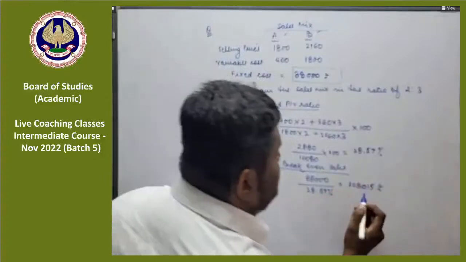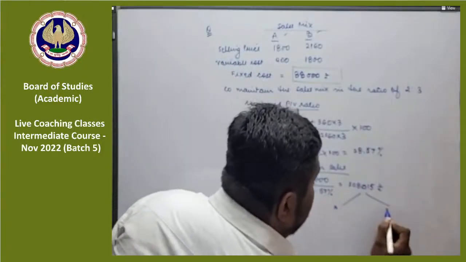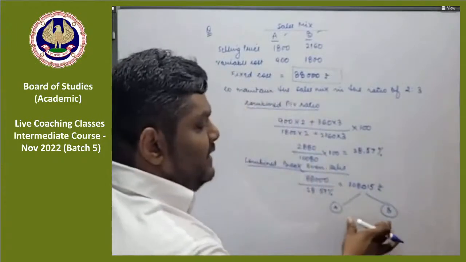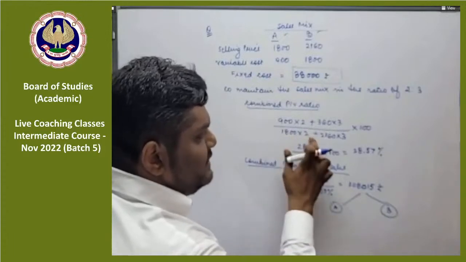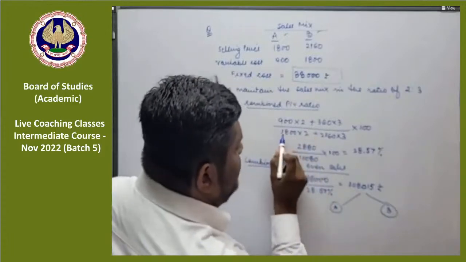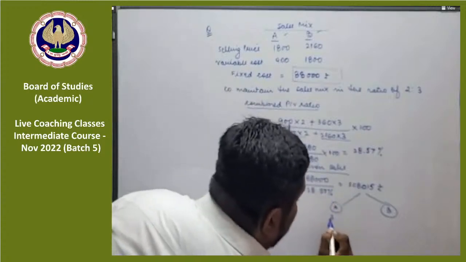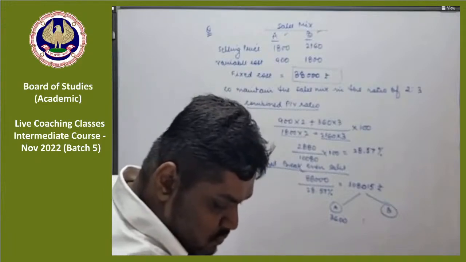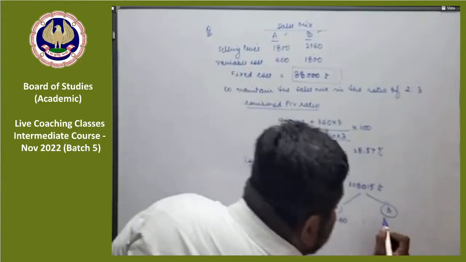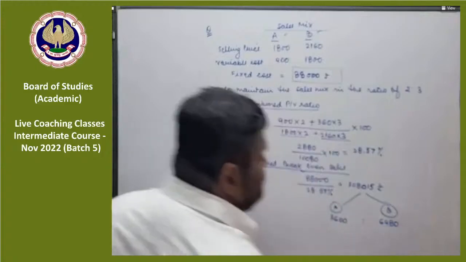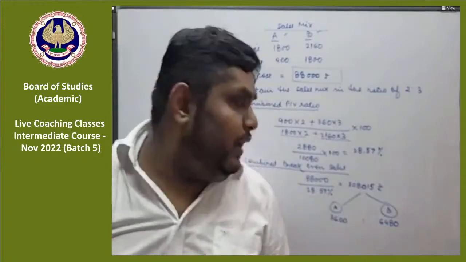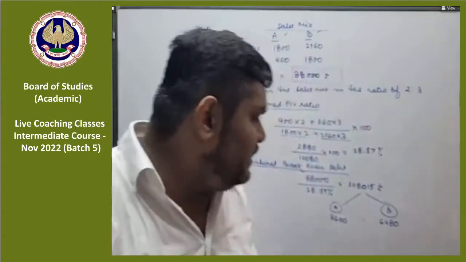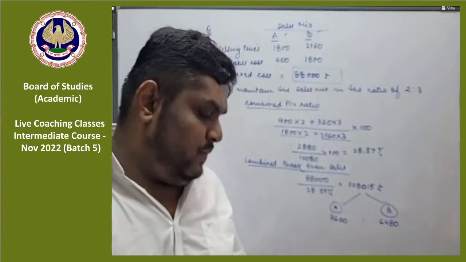Now when talking about the distribution among A and B, very simple, it will be distributed in the sales ratio, that is the units as well as the prices are involved. So this will be distributed in the ratio of 3600 is to 6480. The combined break-even sales of 308015 will be distributed in the ratio of 3600 is to 6480.